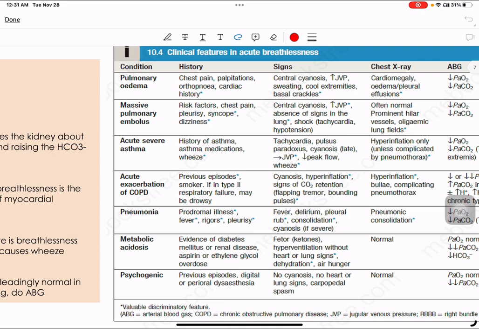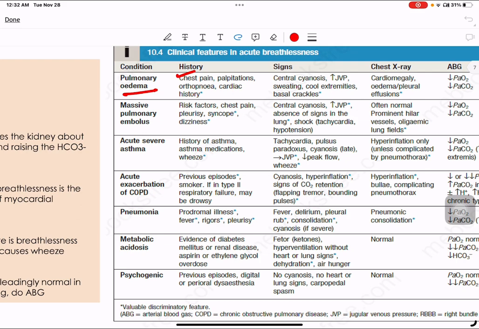A patient with pulmonary edema may have chest pain, palpitation, orthopnea, that is shortness of breath on lying posture, and may have some cardiac disease, history of old MI or history of chest pain. On general and systemic examination we will find the patient having respiratory distress.